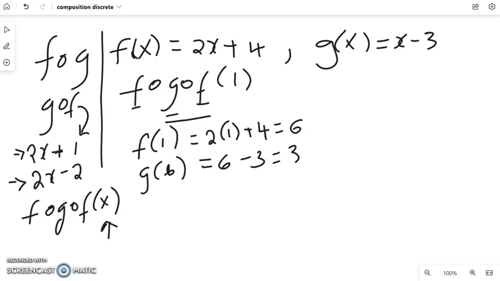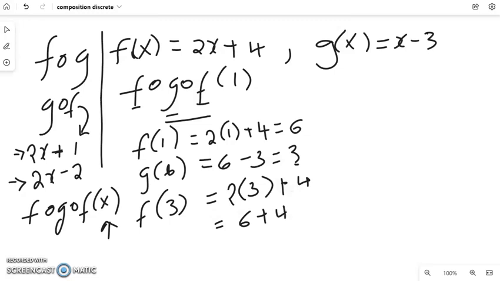Next we go to f with the input of 3, which will be equal to 2 times 3 plus 4, which will be equal to 6 plus 4, which will be equal to 10. This is what we call the composition of functions.